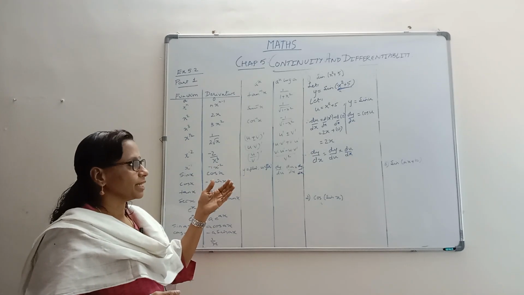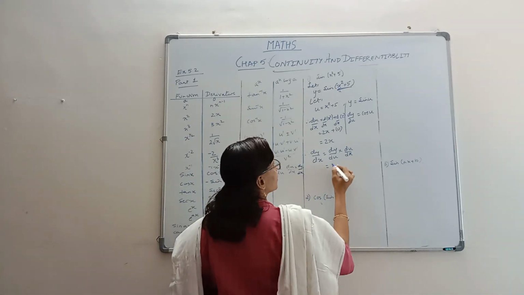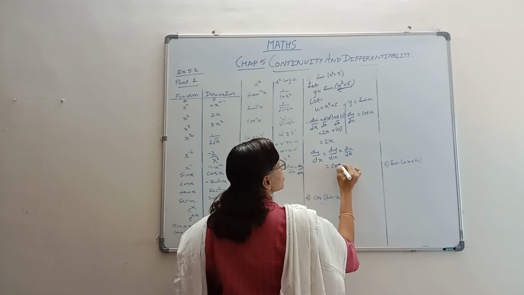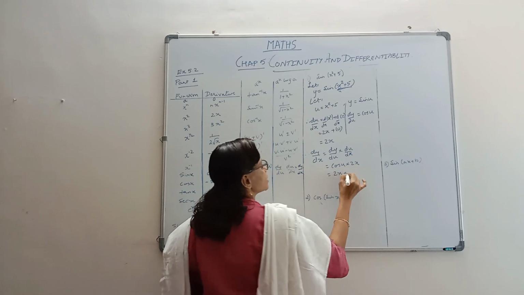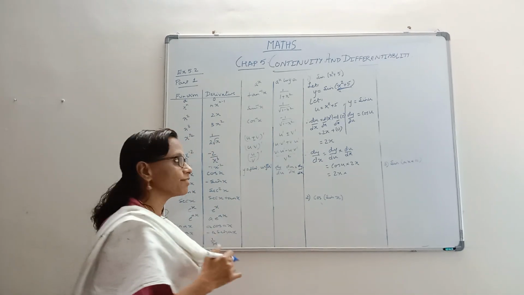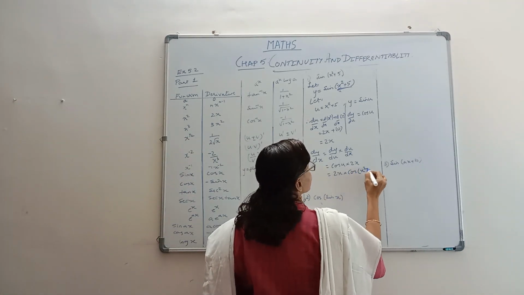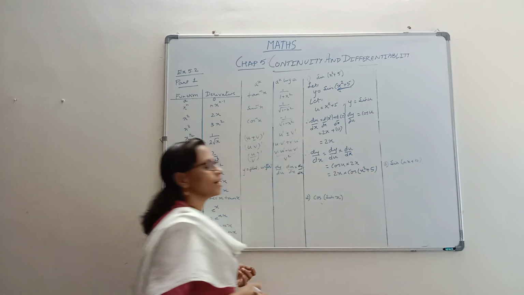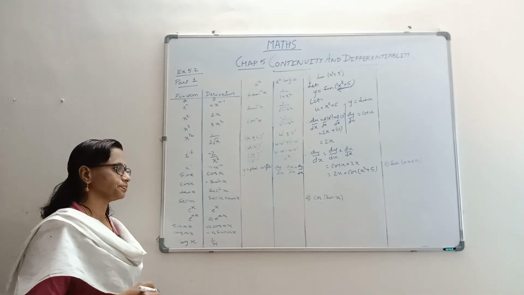So we have these values: this is cos u and this is 2x. u we will not keep as it is, because it's our creation. We'll revert back. u for us is x squared plus 5. So our derivative is 2x times cos of x squared plus 5.